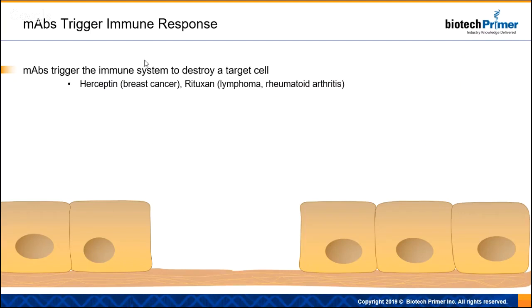Another interesting example is Rituxan. Rituxan, as I just mentioned, was originally approved to treat lymphoma by activating an immune response against those lymphoma cells. Lymphoma is a cancer of B cells, the patient's producing too many B cells.